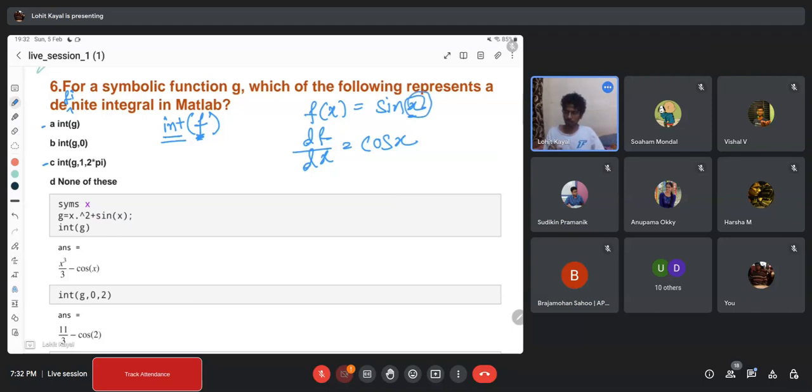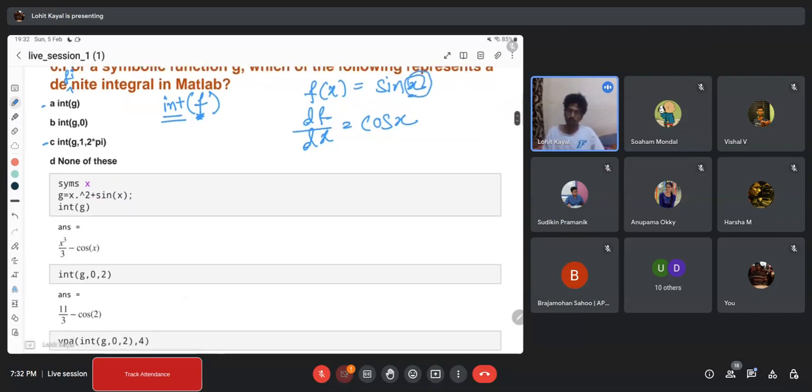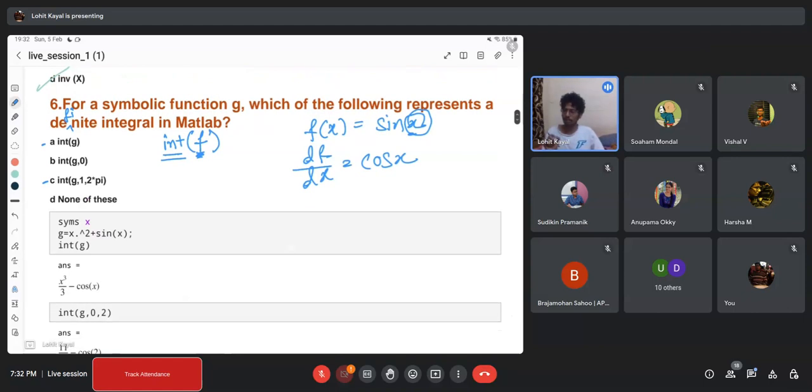Now in MATLAB, to let MATLAB know that x is a symbol, a variable, and not any number, I have to define it like this: syms x, which indicates symbols. This way I am defining that x is a variable. It is not a number, and then I can proceed with any other information.